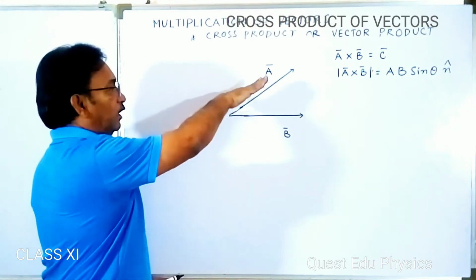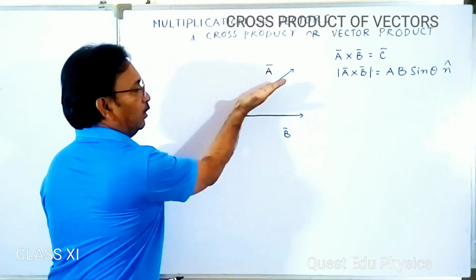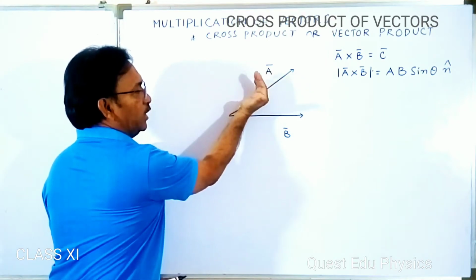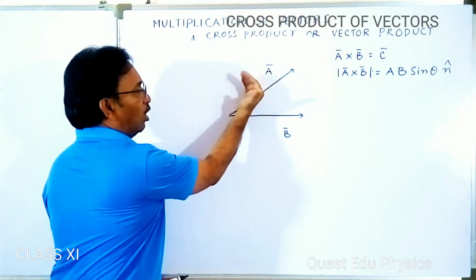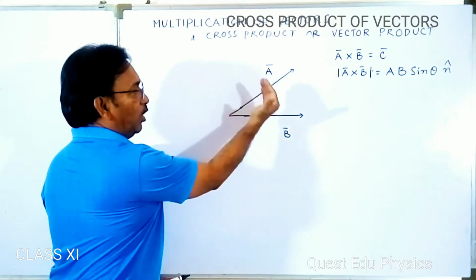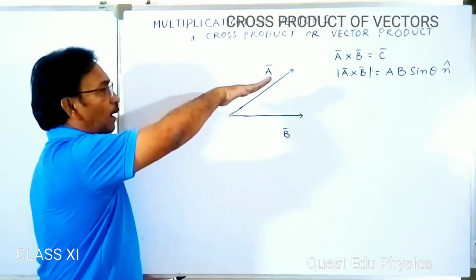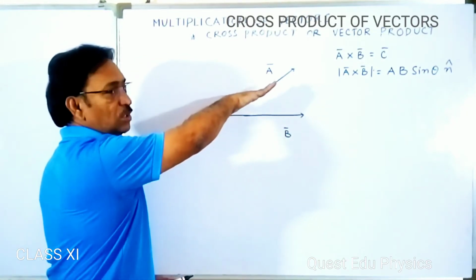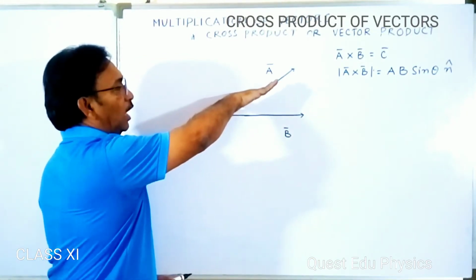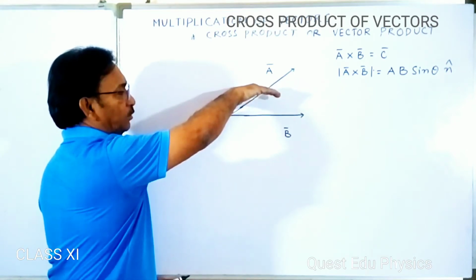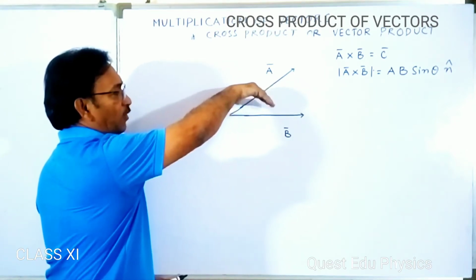See this. You should not keep it in this way. What could happen then? The rotation of the fingers goes in this way, which means you are getting the larger angle. All the time you have to take the smaller angle between the two. So I am keeping the palm like this, and now see, I am moving towards the B vector like this. I am curling my fingers.